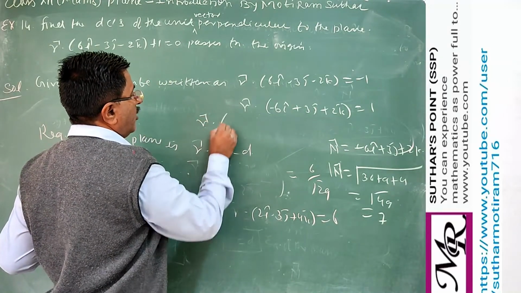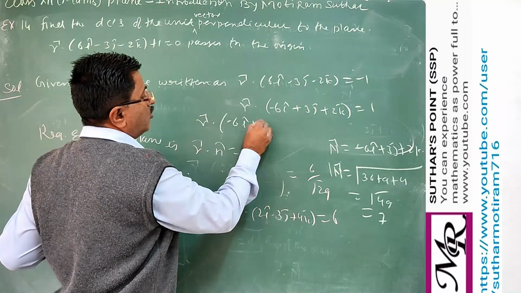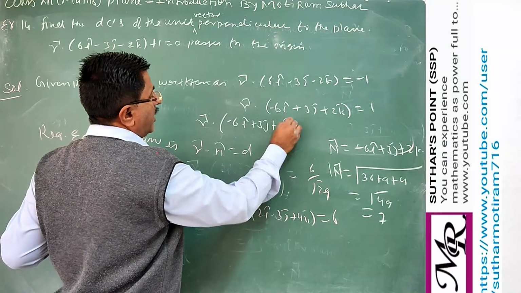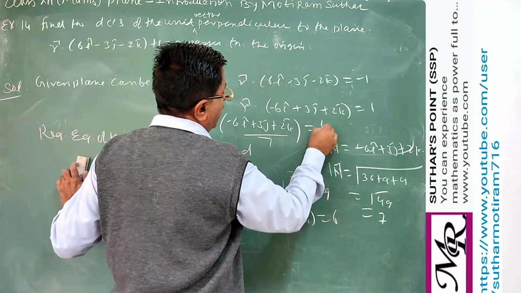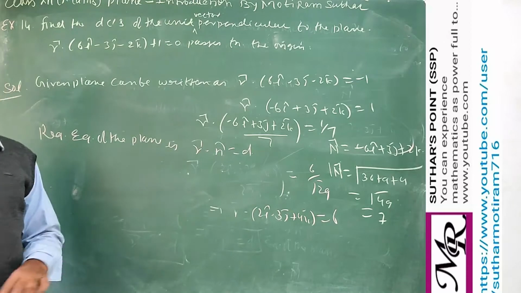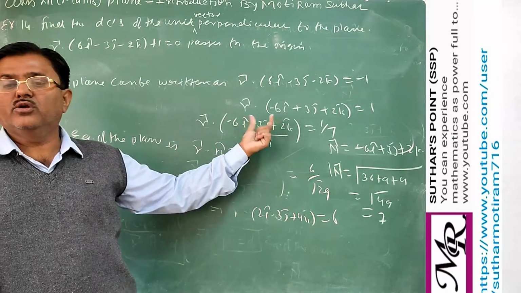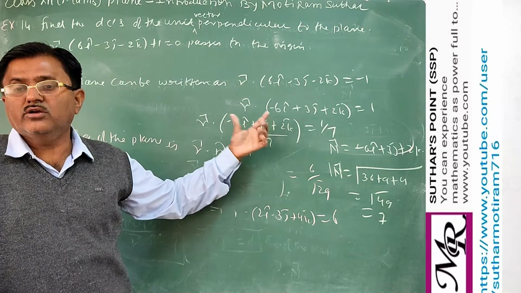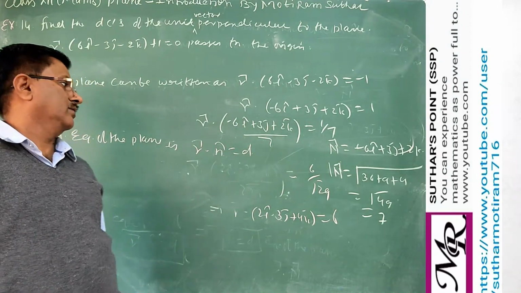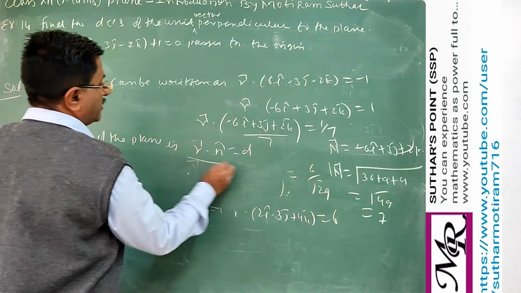So the equation of the plane will be in this form: vector r dot minus 6i plus 3j plus 2k, and on both sides we are dividing by 7. Why do we divide by 7? To convert the normal vector into a unit normal vector. Now we compare with this one.